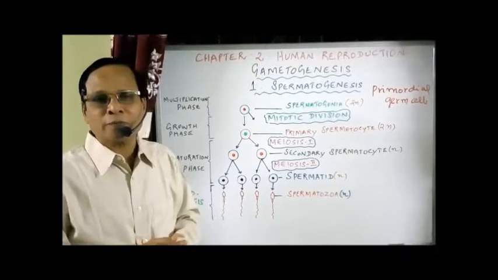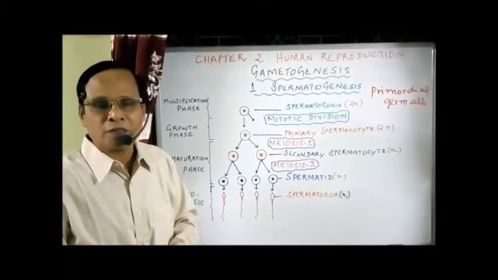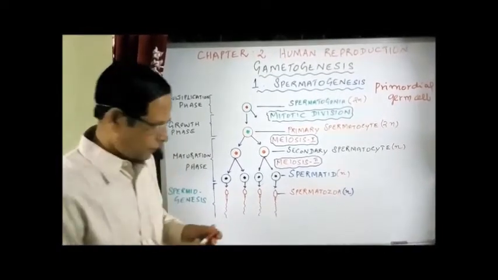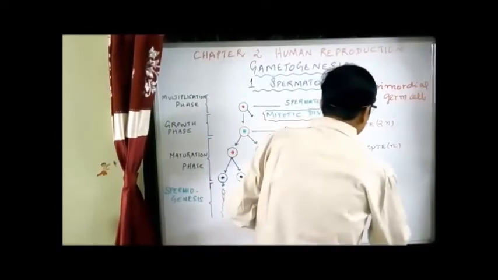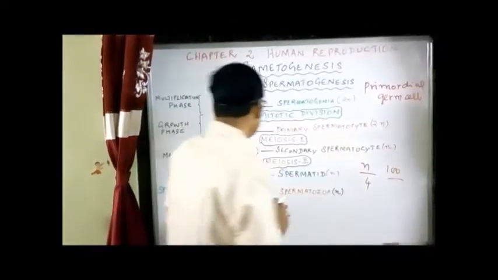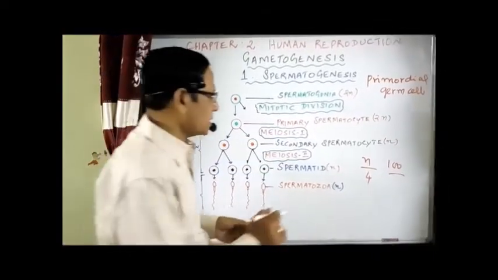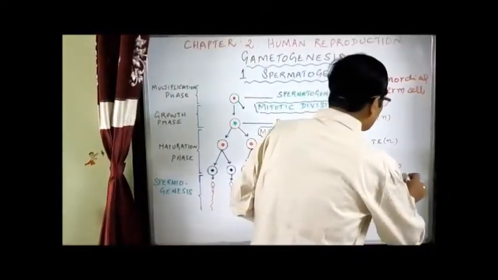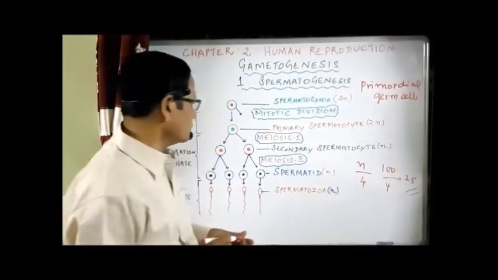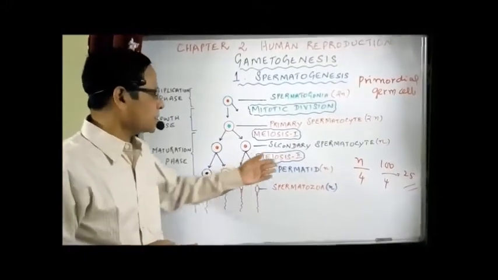Suppose 100 spermatids are produced. How many primary spermatocytes are needed to form 100? The formula is n by 4. Because from each primary spermatocyte 4 spermatids are produced, 100 by 4 gives 25.